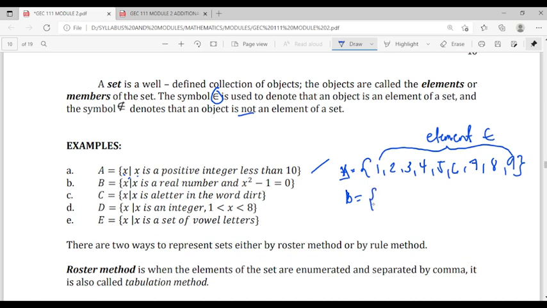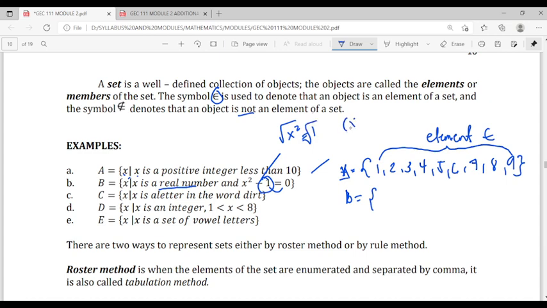For set B, we have x is a real number and x squared minus 1 is equal to 0. We simplify this, x squared is equal to 1. We'll transpose this. Because we're talking about real numbers, if we cancel this, the answer here is i, imaginary.